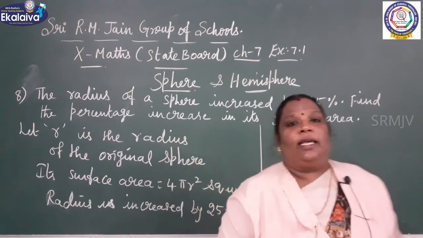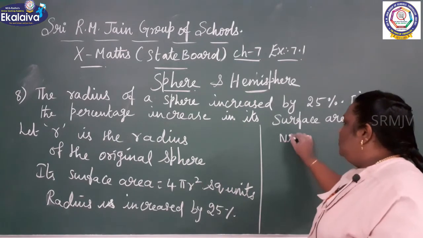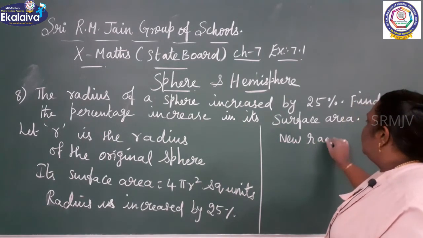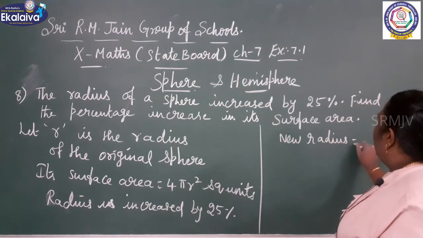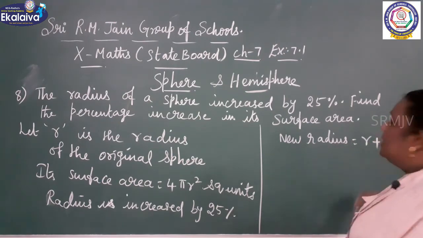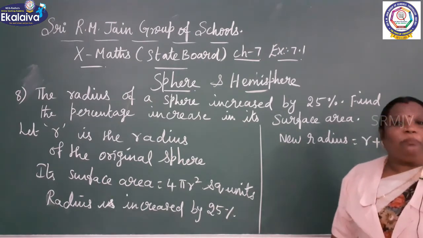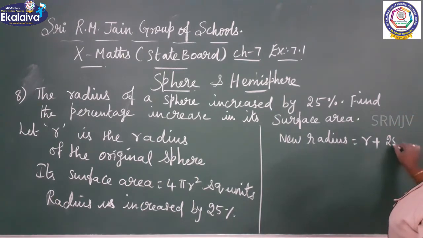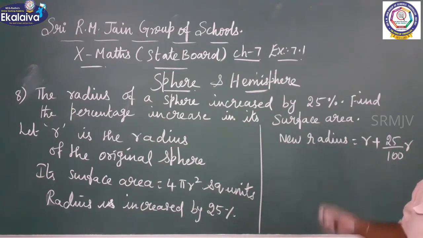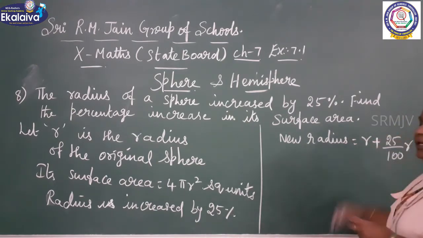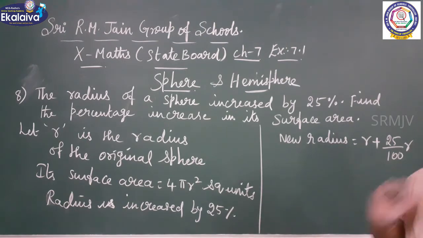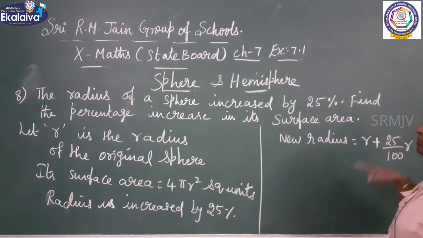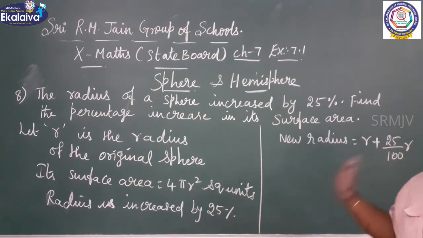New radius is equal to the radius plus 25 by 100 into r, since increased means plus.